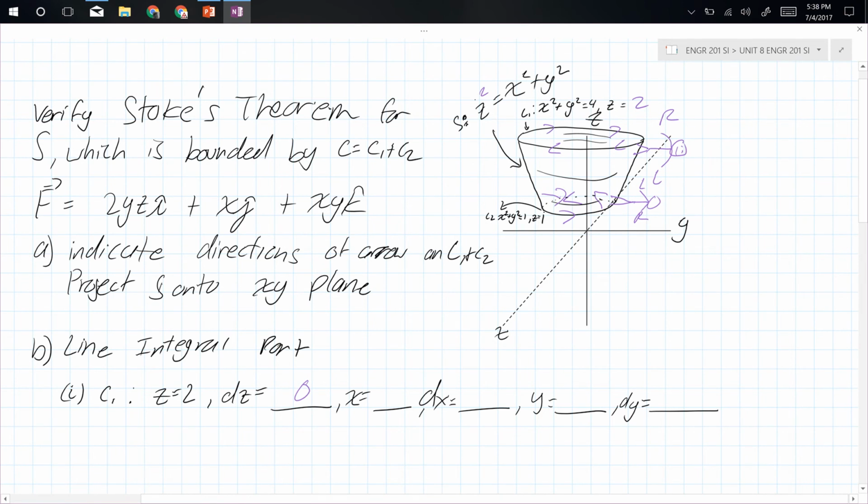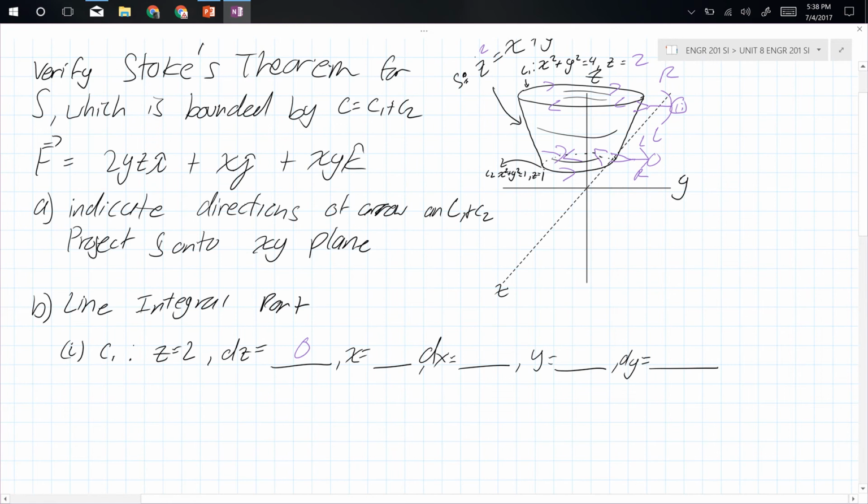That means r squared equals 4, so r equals 2. So x would be 2 cosine theta, and dx would be negative 2 sine theta d theta. Don't forget those d thetas, they'll mark off for that for sure. Then y is 2 sine theta, and dy would be 2 cosine theta d theta.